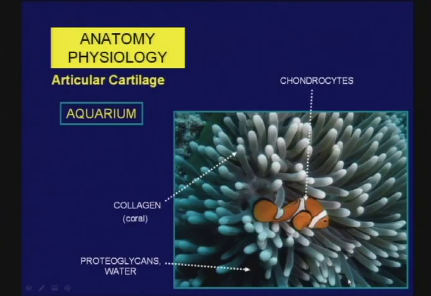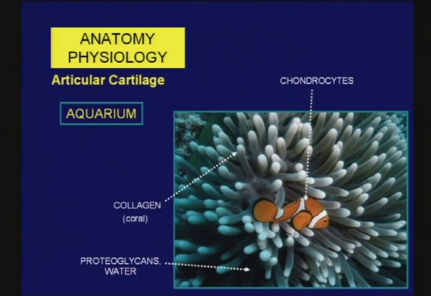So to simplify, which I like to do, if I think of healthy articular cartilage, I look at an aquarium that I have at home. And this is what the aquarium that I have kind of looks like. This is not my aquarium, okay? But I think it's like a healthy aquarium. We have the coral, which represents the collagen.